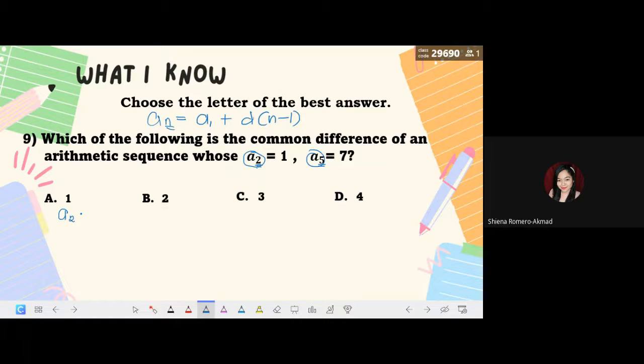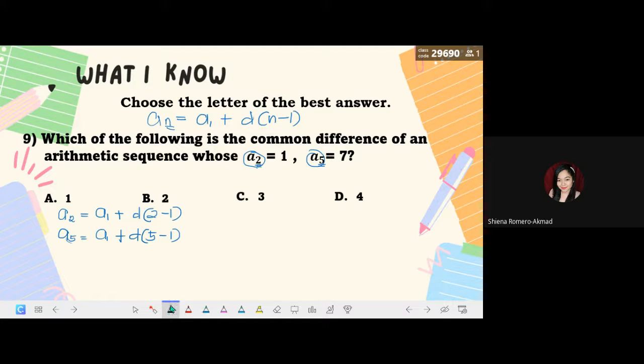A sub 2 equals a sub 1 plus the difference times n minus 1. That means 2 minus 1. Okay? How about for a sub 5? A sub 5 equals a sub 1 plus difference times the n, which is 5, minus 1.